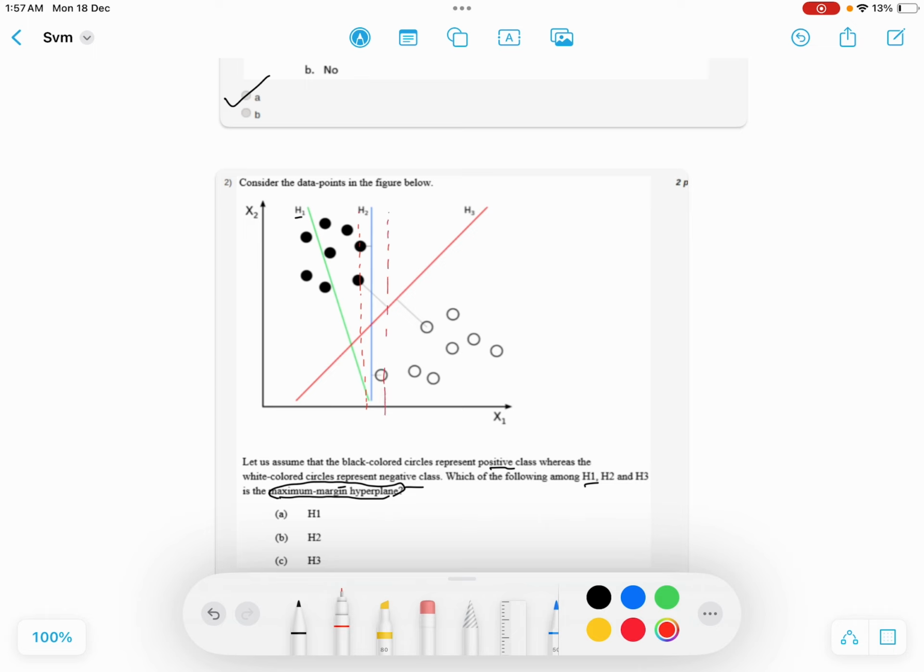But if you see these margins, and if you consider this h3, then this is how your street is going to look, right? So this margin and this margin.